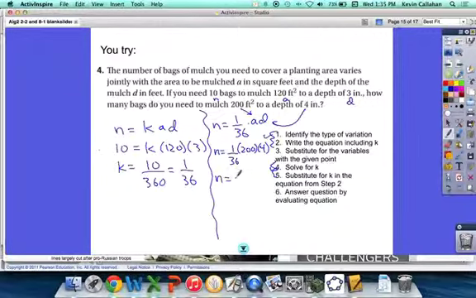N equals, the 4 goes into 36 9 times, so that's 200 divided by 9. And we could divide that, and 9 goes into 20 2 times with 2 left over. That'll be another 0.2, and 0.2 repeating. So it's like 22 and 2/9 bags.